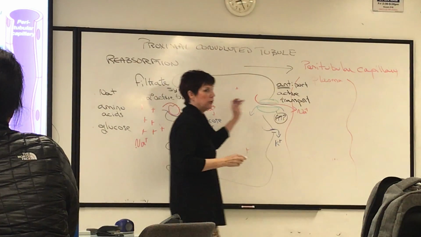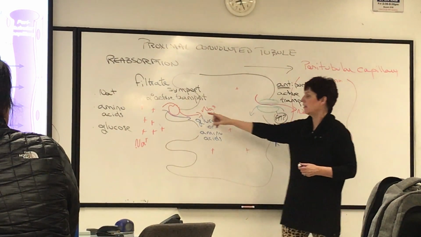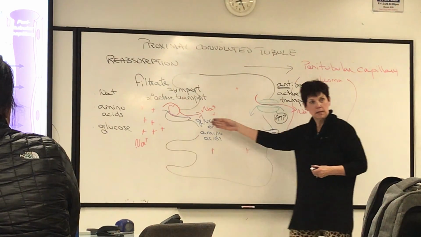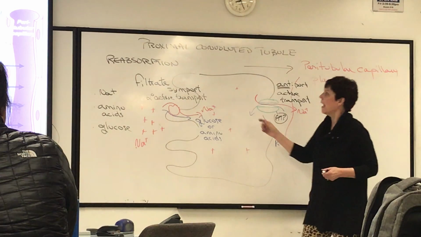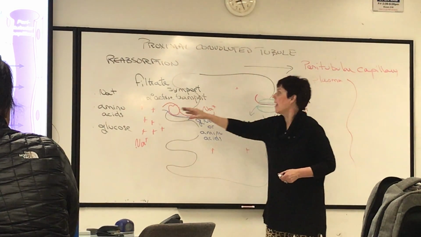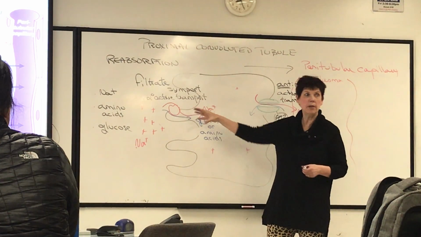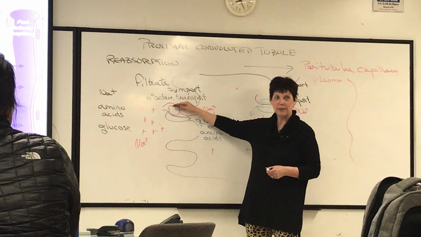So because we've lowered the number of sodium ions inside the cell, that makes this more likely to happen because we've increased the gradient of sodium. So as sodium moves with this protein's help, the channel for sodium, that pulls with it glucose or amino acids. And that's called secondary active transport. All right?